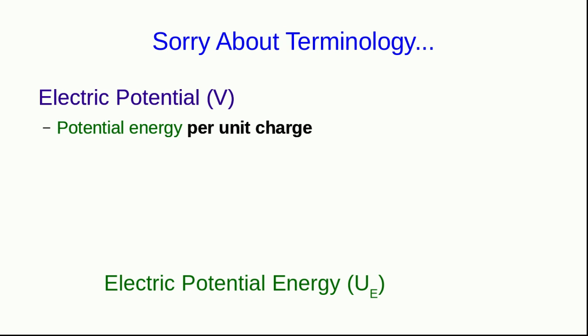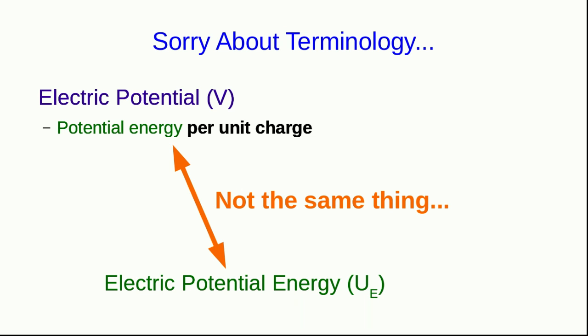But note that it's very closely related to electric potential energy. Well, these are not the same thing, despite the fact that they have almost exactly the same name. Who thought that was a good idea? I don't know. Try not to let the stupid terminology confuse you. As you'll see, this isn't the last piece of really dumb terminology we're going to see over the next little while.